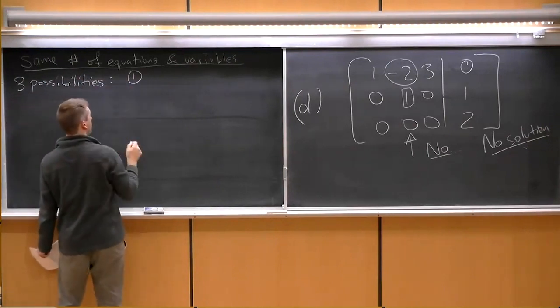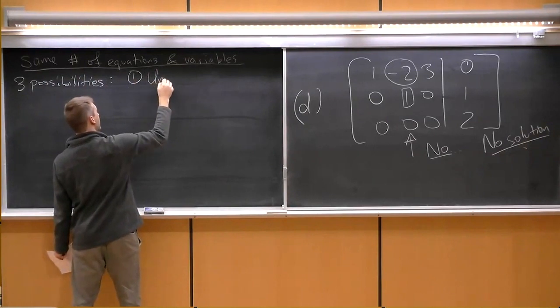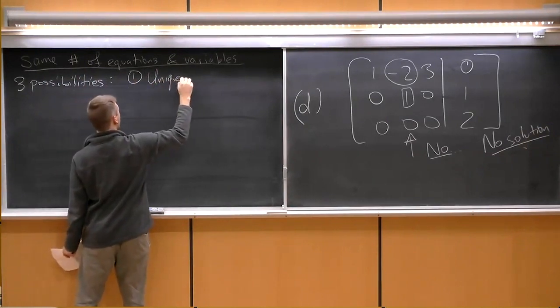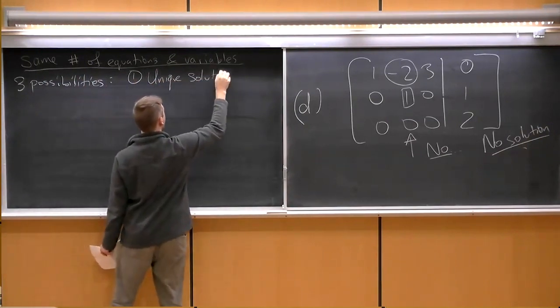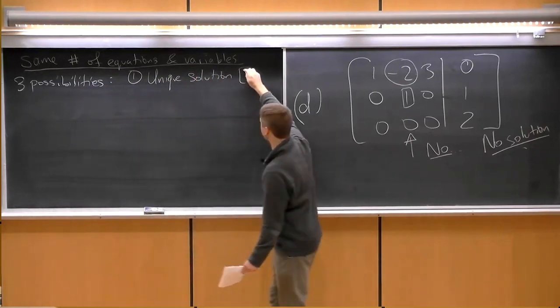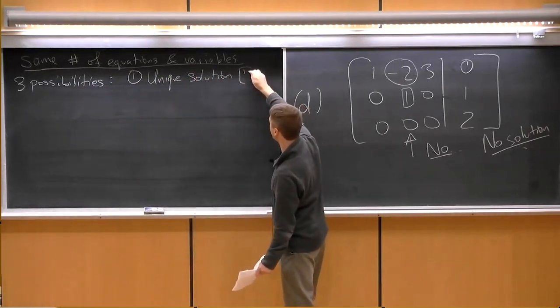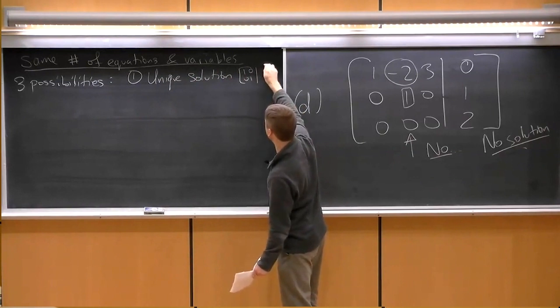You can have a unique solution, and that's when it's going to look like, for example, 1, 1, 0, 0, and then some numbers here, for example.